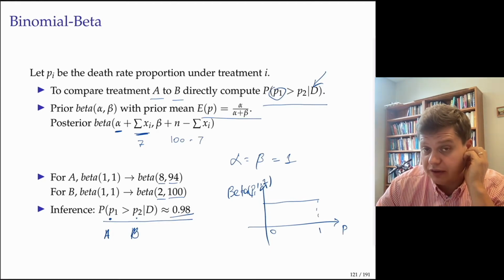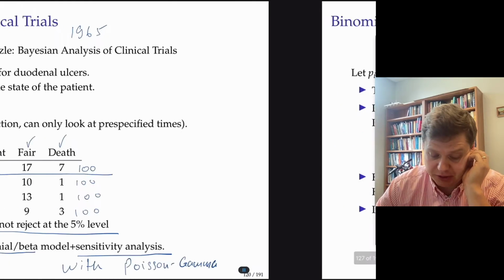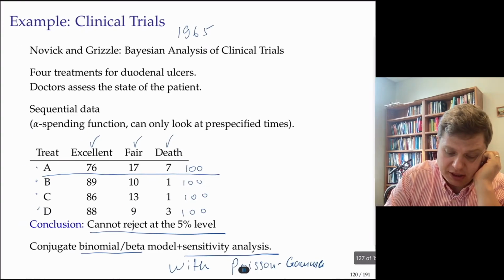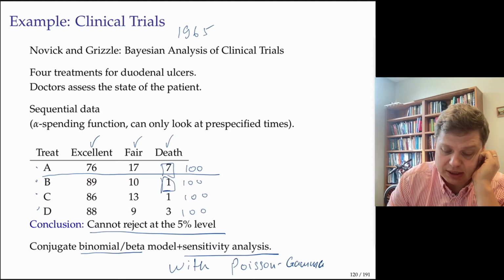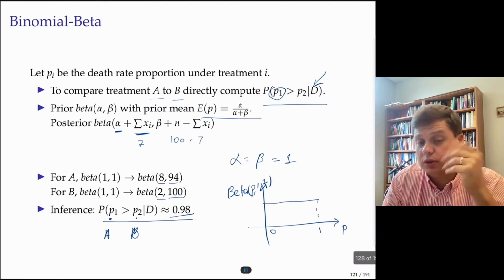So it looks like we have rather strong evidence that treatment B is the better treatment. You see you have only 1 death case here and you have 7 death cases here.